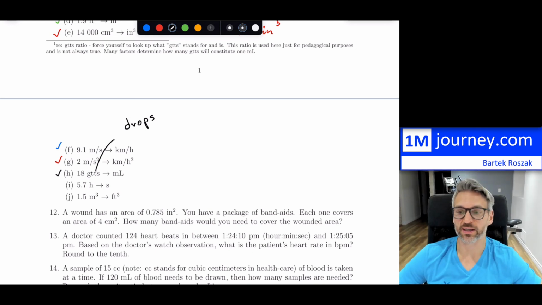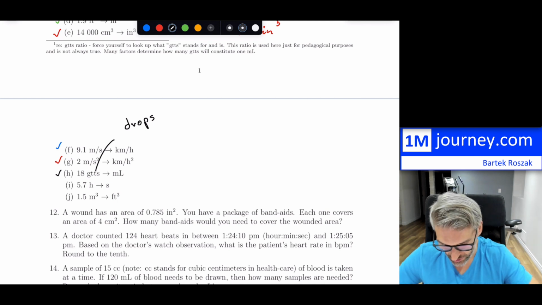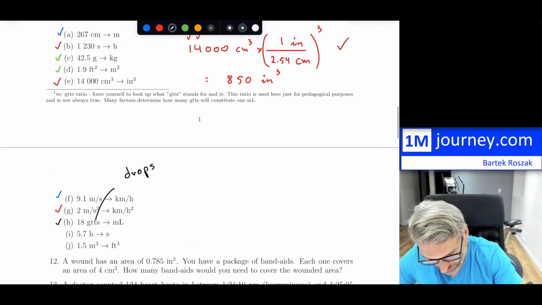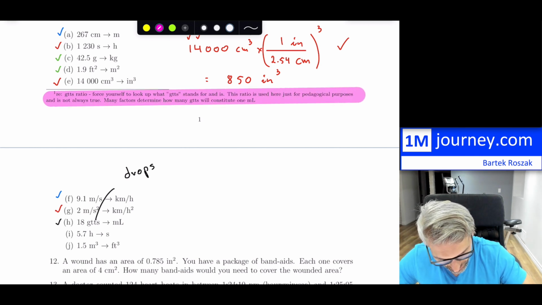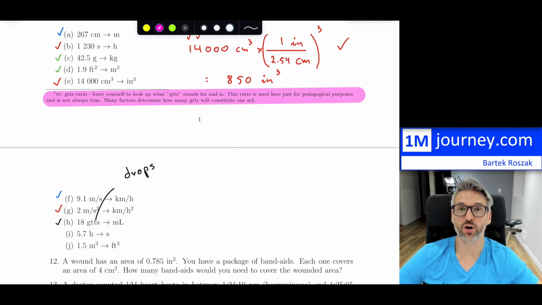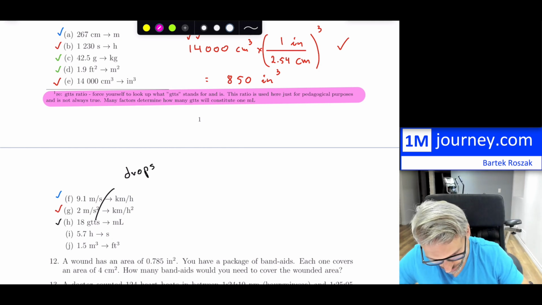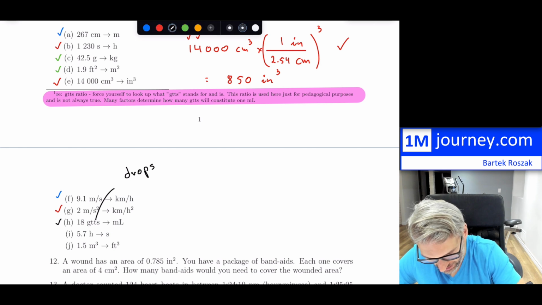This is very common in healthcare where you have drops, and you want to be able to sometimes convert to the number of milliliters. Now in this handout, I would encourage you to look at the little note on GTTS and what it stands for. I would encourage you to look that up if you want to know a little bit more, but we're just interested in the actual conversion.